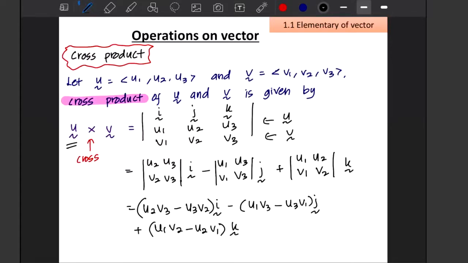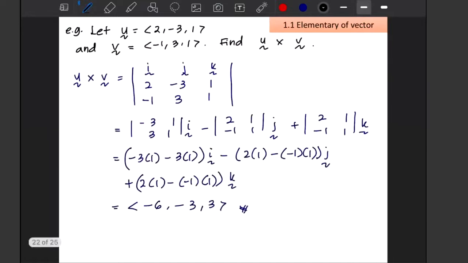So the final answer will be in the form of a vector, because we have I, J, also K. Then look at the example.